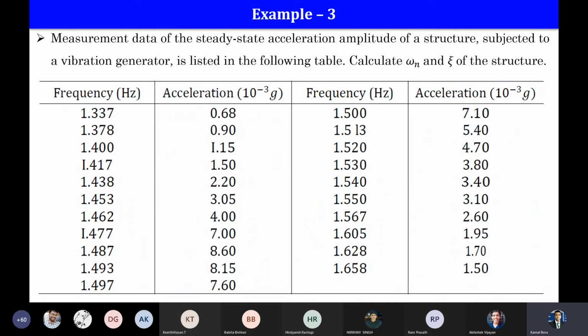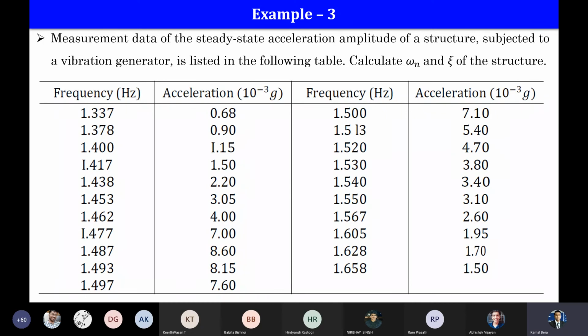The first thing is very simple: natural frequency will occur at the resonance condition, where r equals 1. Is this the half power bandwidth? Yes, because there is some point where the maximum happens and then it decreases. Absolutely correct. So it is a half power bandwidth problem to find zeta.